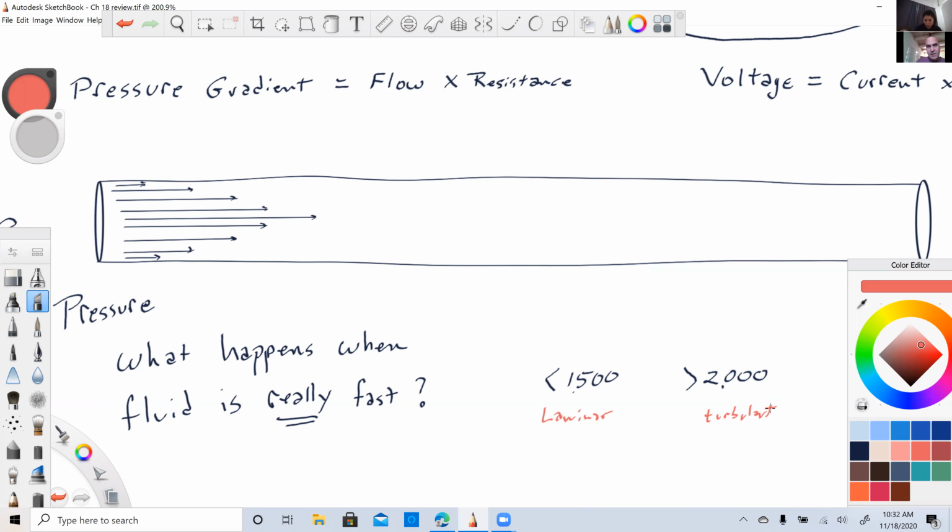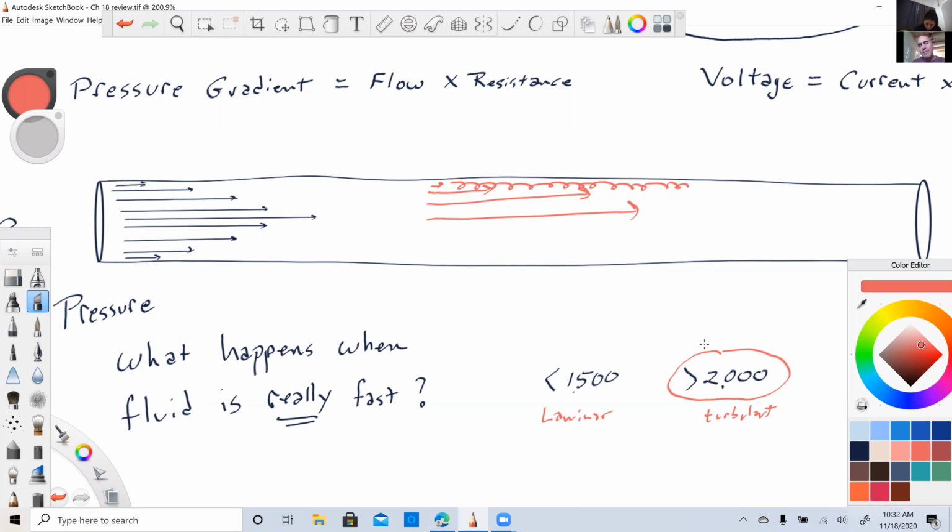One, the difference in velocity between right against the wall and the next layer, and then the next layer, that difference is so great. It's just rubbing past each other. You could start to get eddies along the edge. Now we're approaching greater than 2,000 when you start getting eddies.